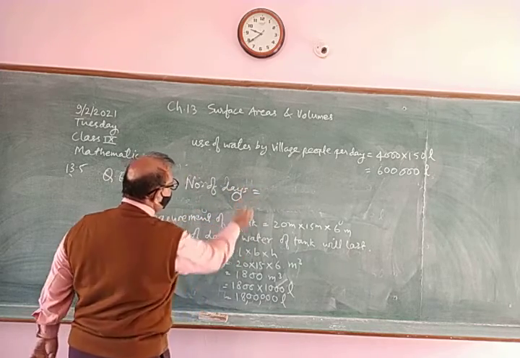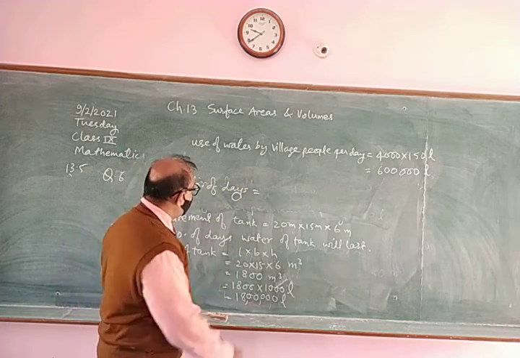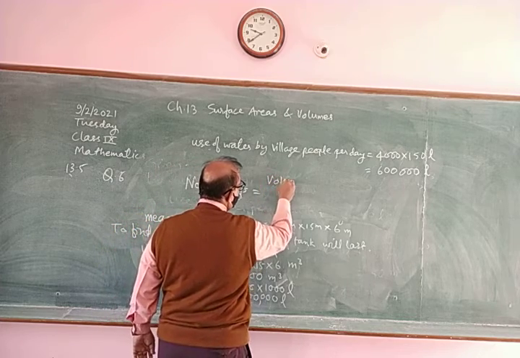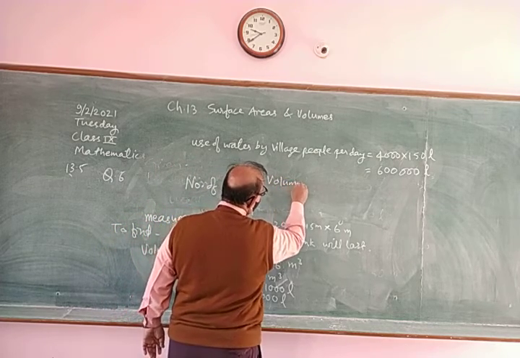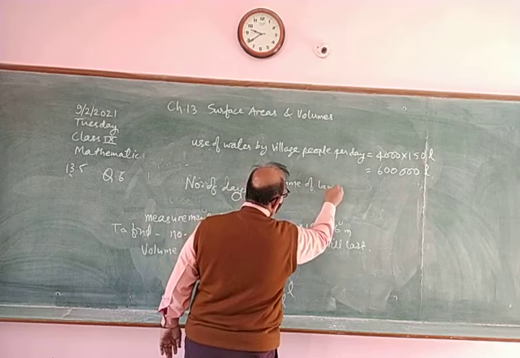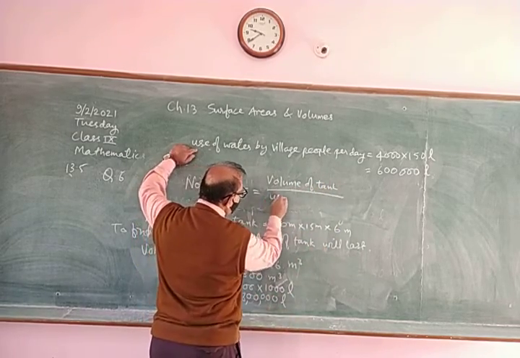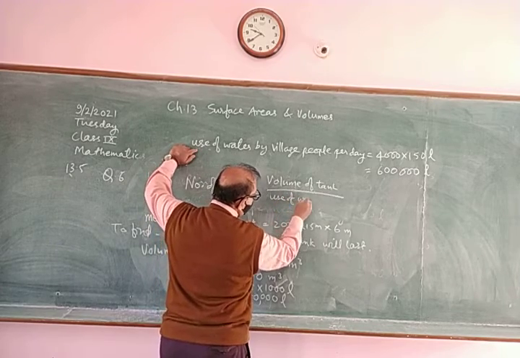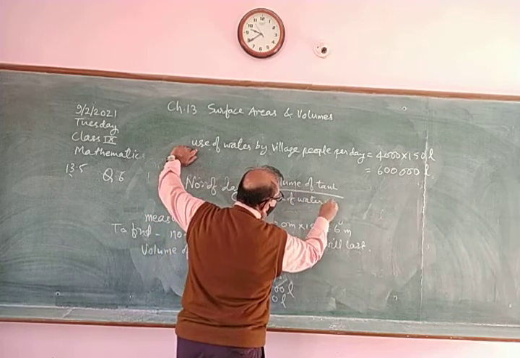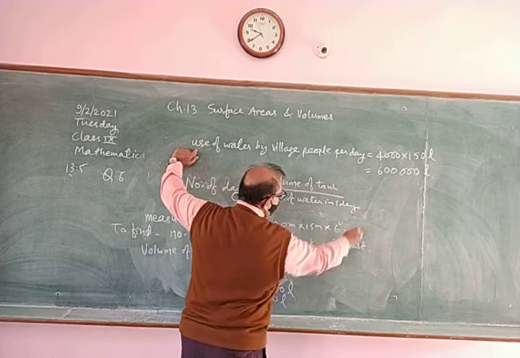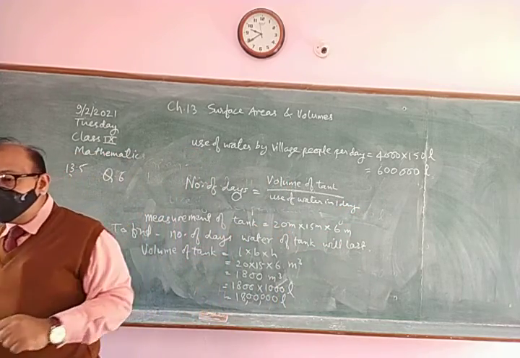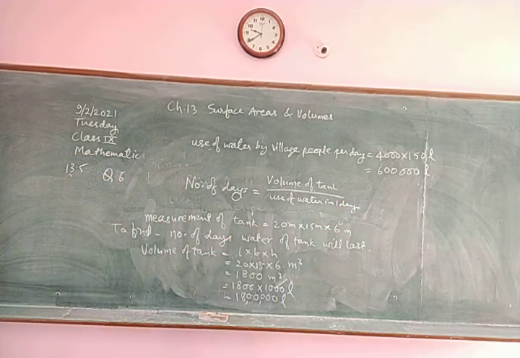So number of days is equal to volume of tank divided by use of water in 1 day by village people.